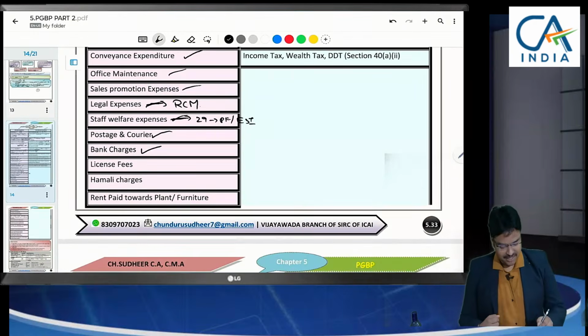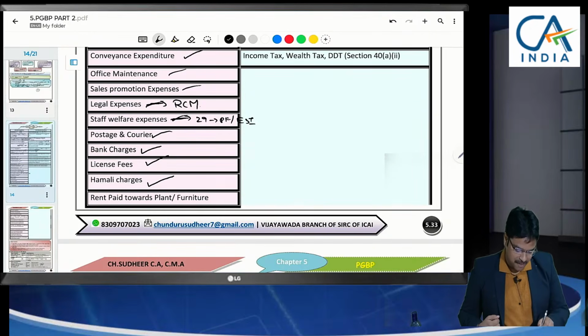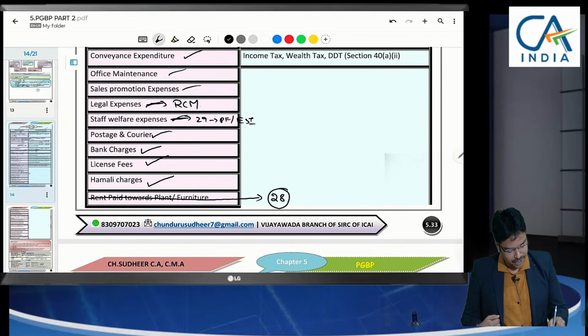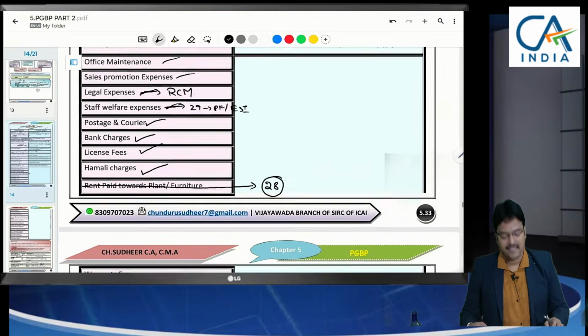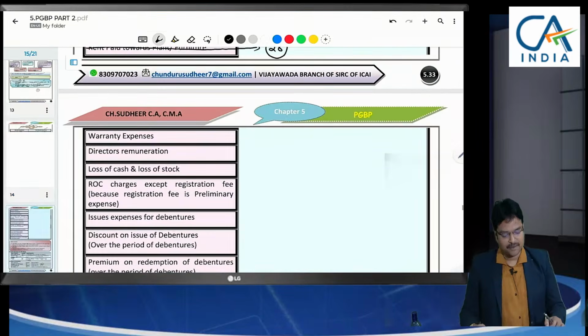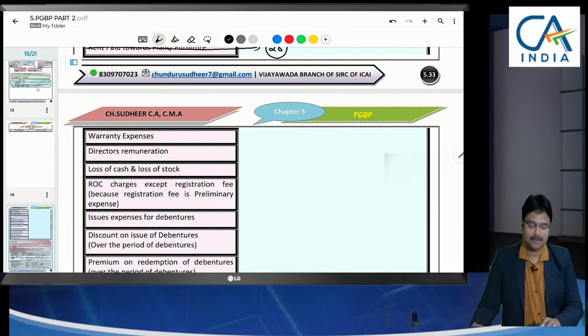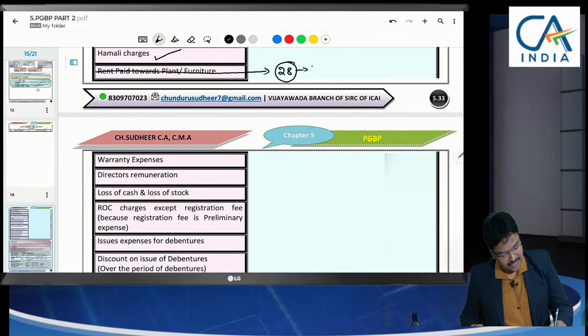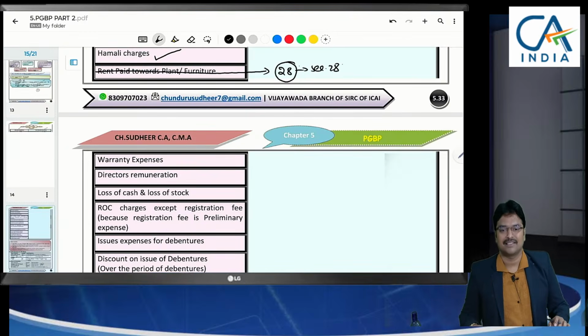Bank charges, license fees, Hamali charges. Rent towards plant or furniture is already now covered in section 28, so no need here. Earlier it was not covered, that's why we have come to general deduction, but now this is covered in section 28. Now we can delete from this one.